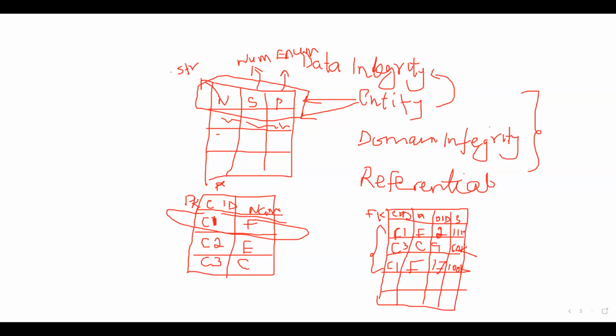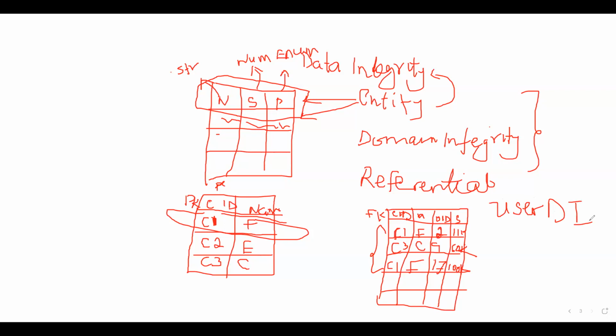All right. So let's move on. Another data integrity term is user-defined integrity. I will explain this all over again, but let me finish the user-defined integrity. I have already explained this before, when I did the domain integrity.